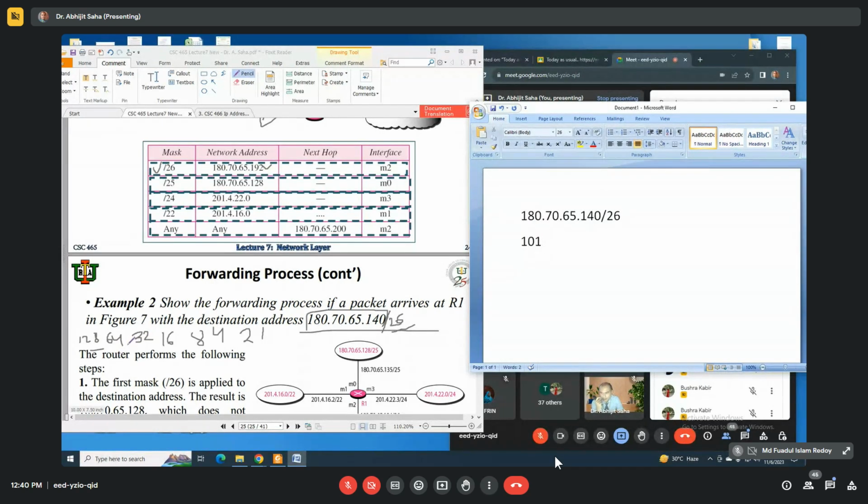Then 16: 160 plus 16 is 176, so that is going to be 1. And we need 4, so that means it is going to be 0, 1, 0, 0. Is it correct? 180 that we have converted to binary.